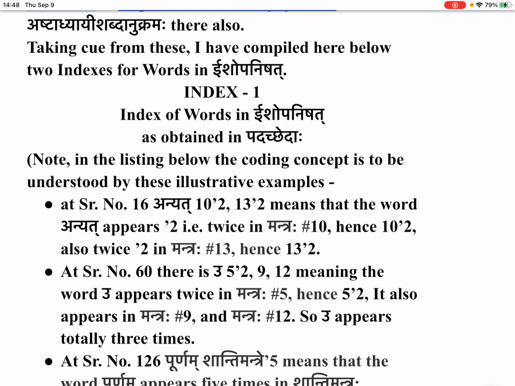At serial number 60, there is U, 5'2, 9, 12, meaning the word U appears twice in mantra number 5, hence 5'2.